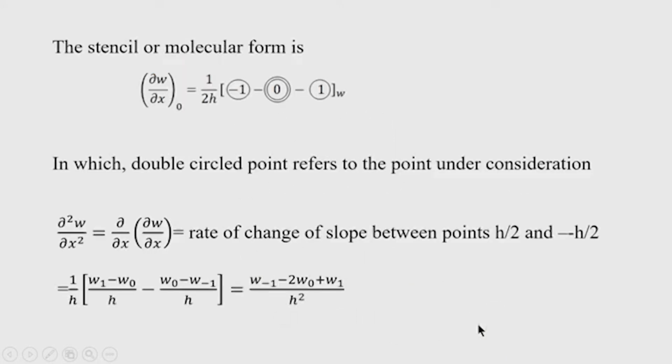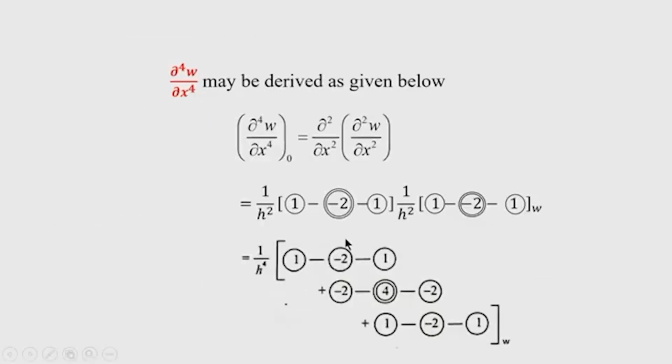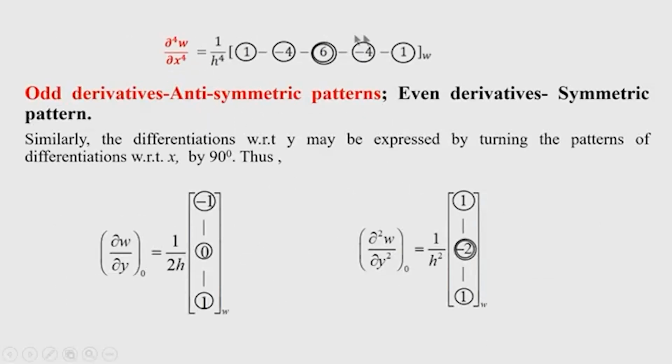So, you can see here that the fourth derivative in the molecular form is written with the central value 6, which is the coefficient of deflection at the nodal point, the node centering which you will write the finite difference equation.